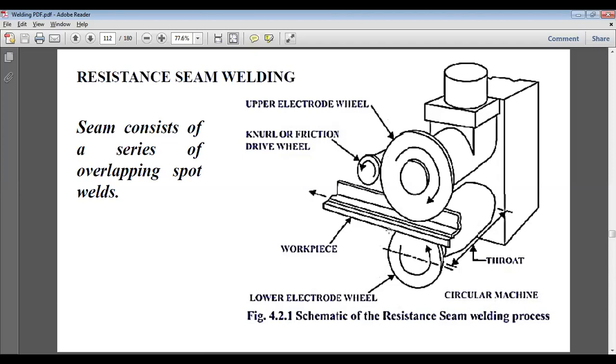Here we have the upper electrode wheel and the friction drive wheel. This is the driver that basically drives this one, and this is the lower electrode wheel, the workpiece, and the throat.